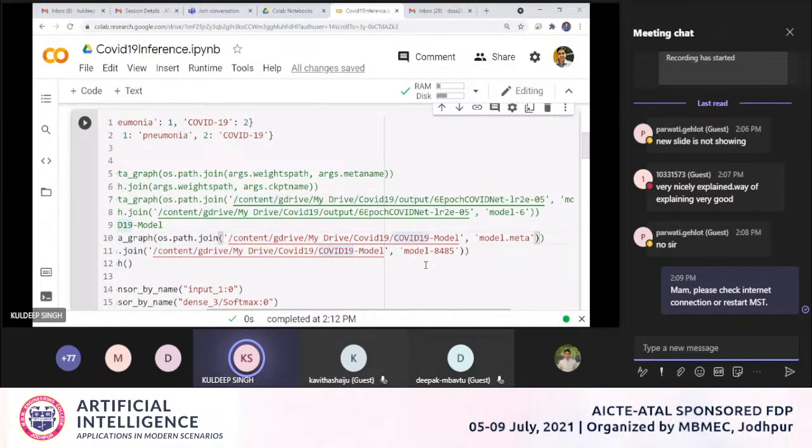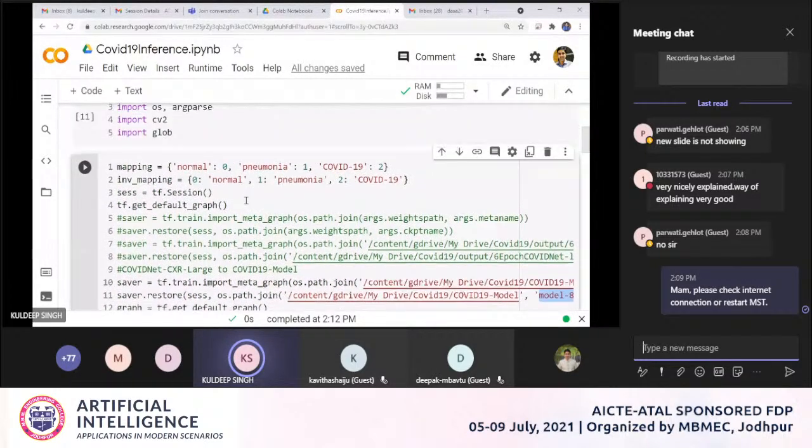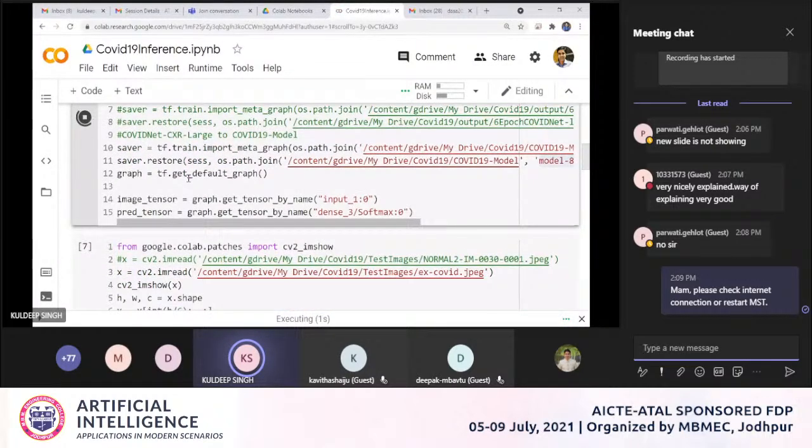And here I have the model, and the model is basically this one, model 8485. So this particular section of the code will load that model. Let me run it. It will take some time to load that model.